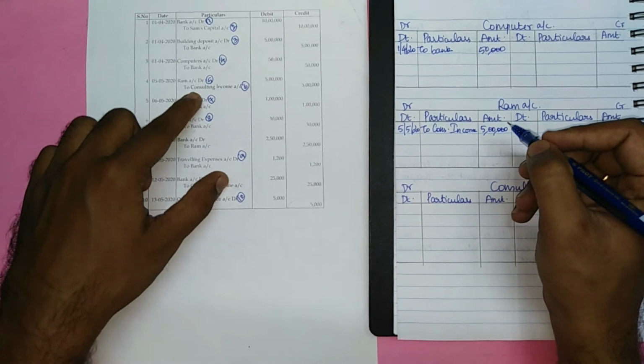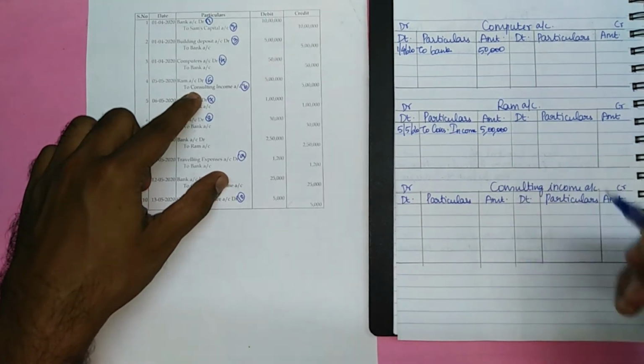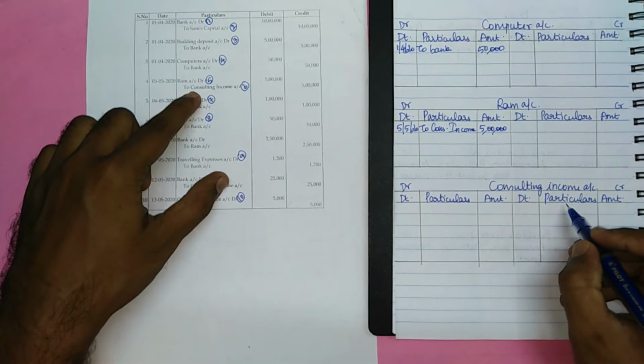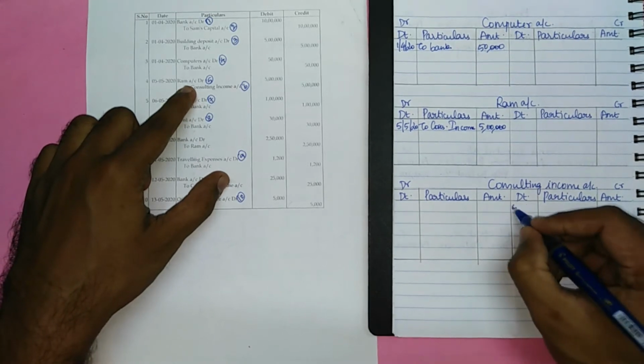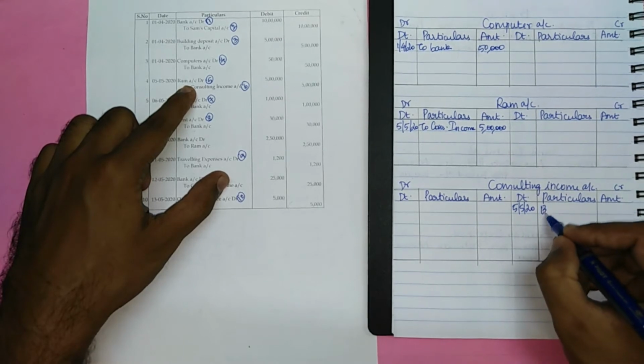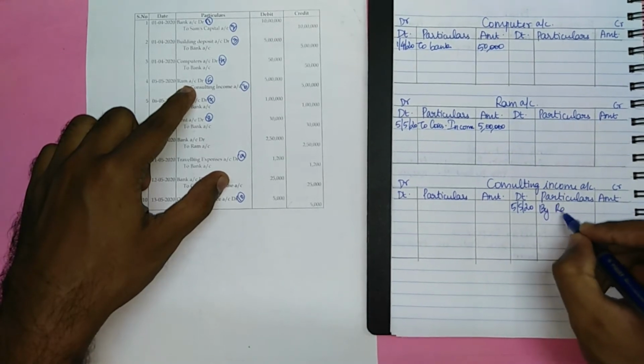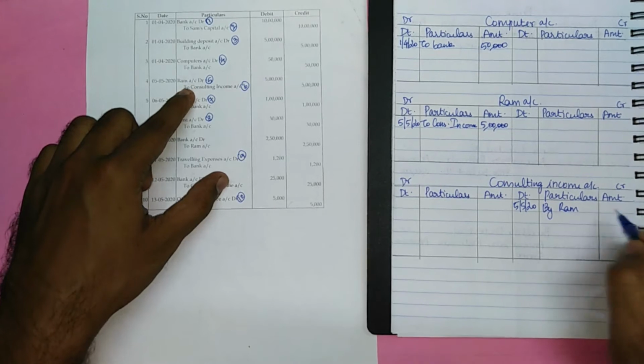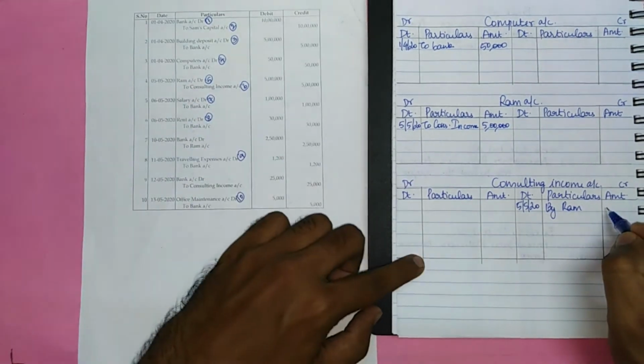And consulting income is credited, so in the ledger also we will be crediting the consulting income account with Ram account. On 5th of May 2020, we'll be using the word by Ram, the same 5 lakh rupees.